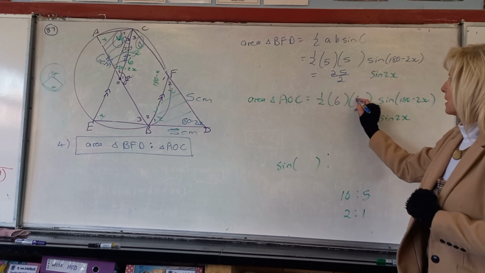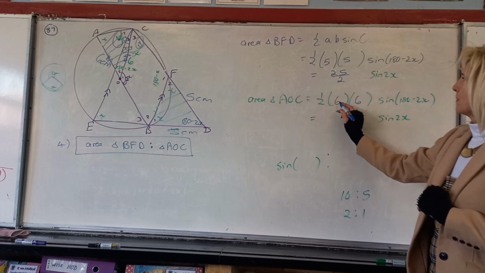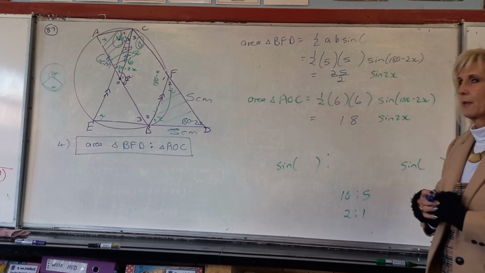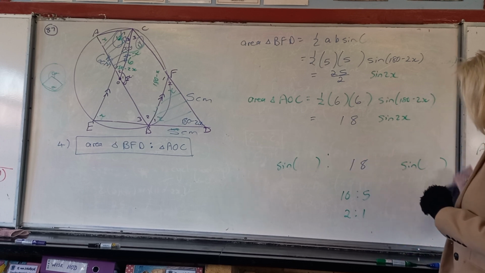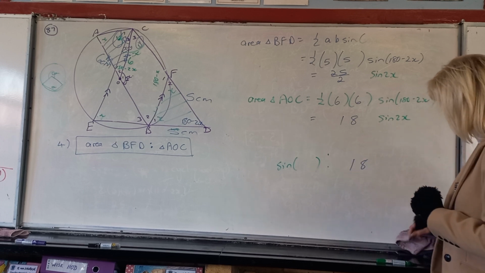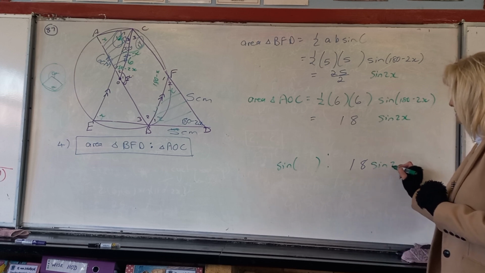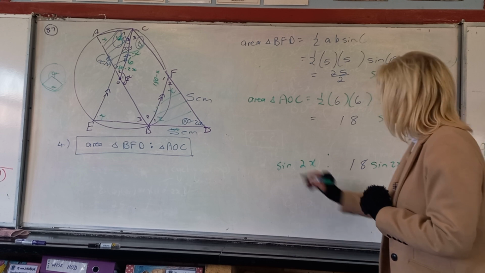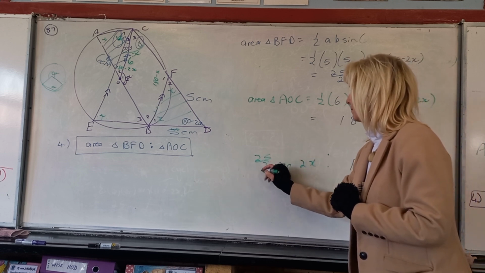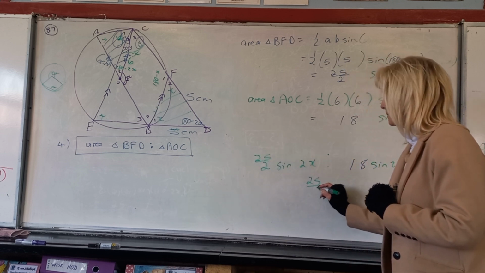This would be the 2 sides with 6. So 36 divided by 2 is 18. So it's 18 sin 2x. And this will be 25 over 2.